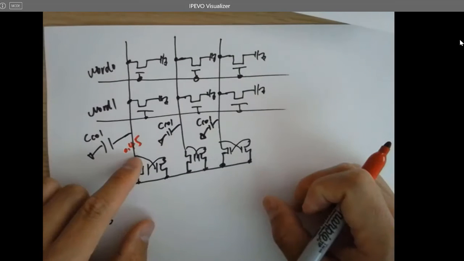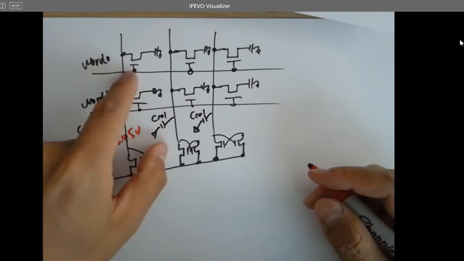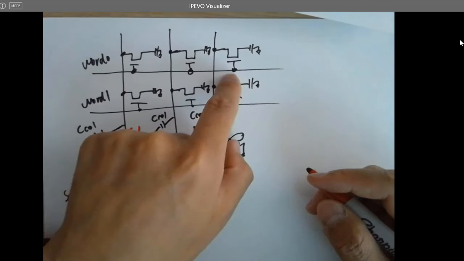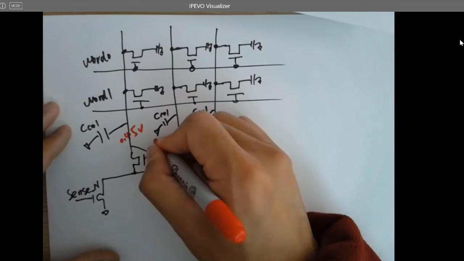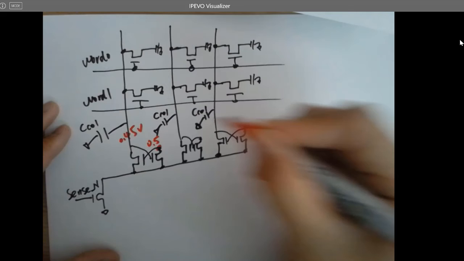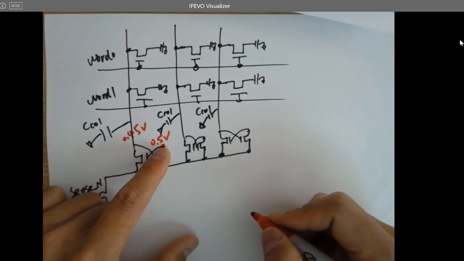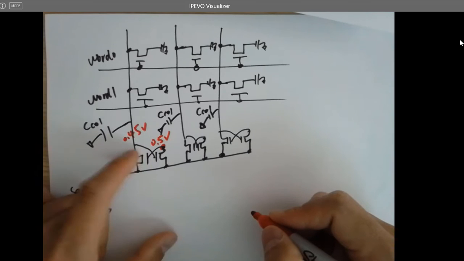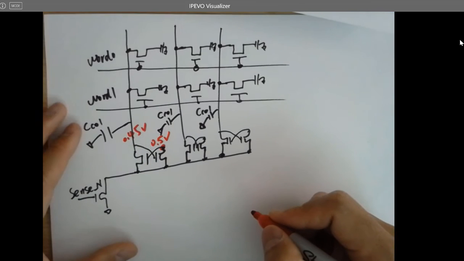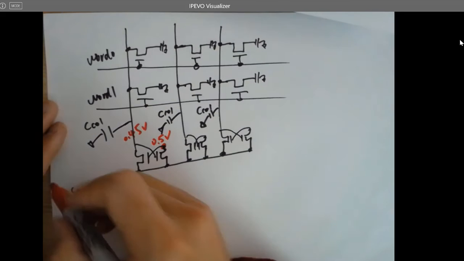So if I'm getting 0.45 after I close the switch, after I activate that line, and what has been stored here is still 0.5 volts as pre-charged, what's going to happen? As a positive feedback, keep in mind. And whenever this is on.